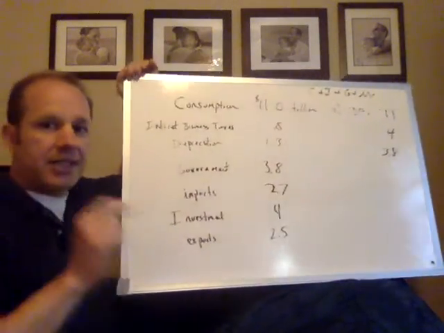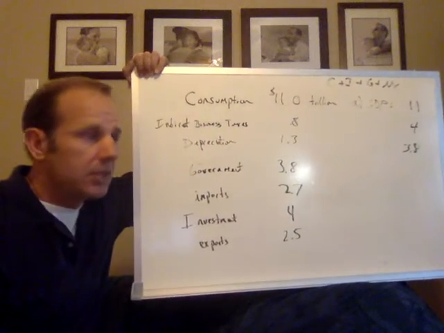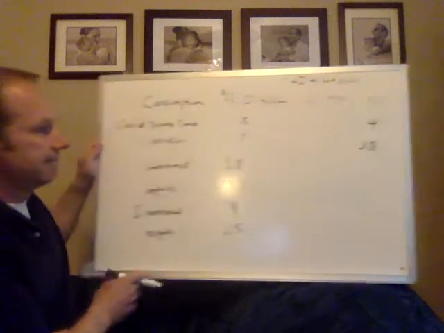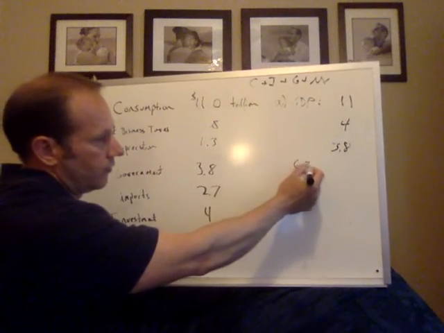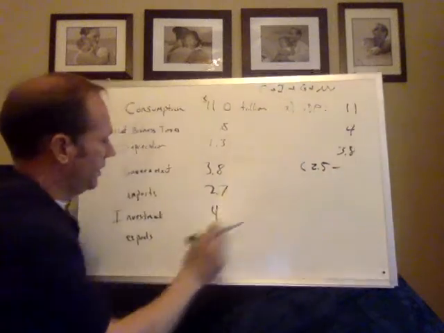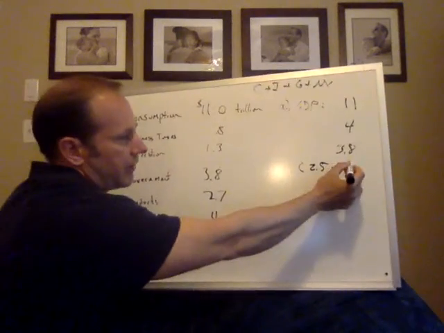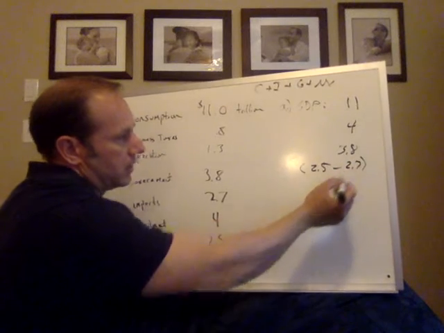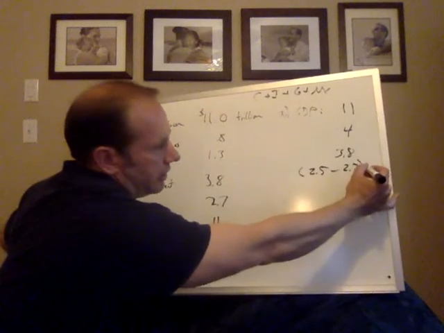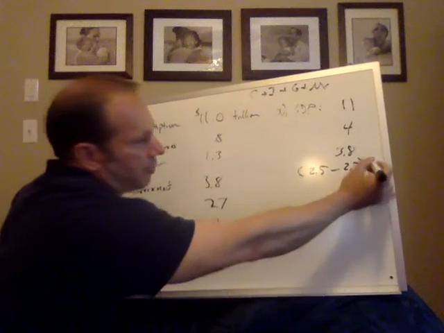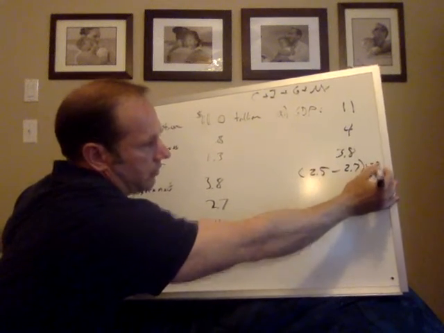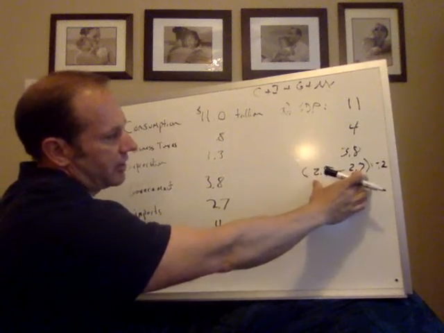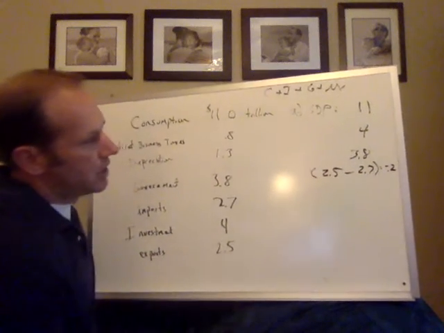What's NX? That's exports minus imports. So let's see. Exports is 2.5, minus imports is 2.7. And so that is clearly negative 0.2. I should have probably stuttered that or slid that over here, but I didn't.